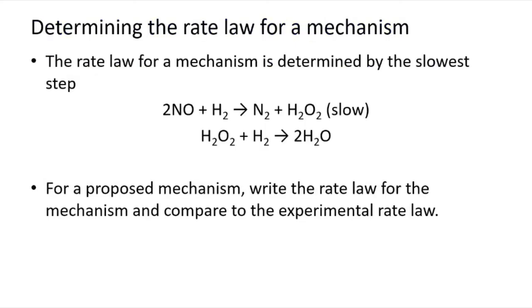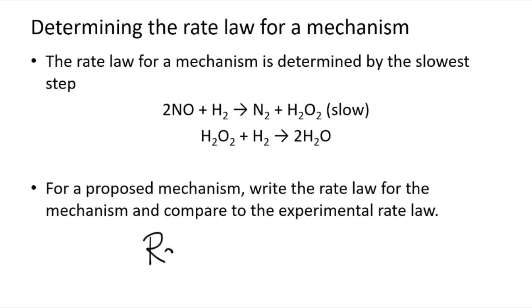To determine the rate law for an overall mechanism in order to compare it to the experimental rate law, we write the rate law based on the slowest step, also called the rate determining step. The slowest step is what determines how fast the reaction can go overall. So for this proposed mechanism, we would write the rate law based on the slowest step, which here is the first step.